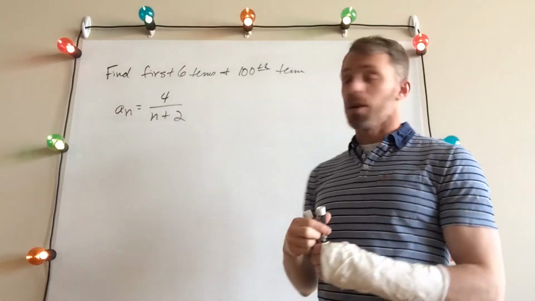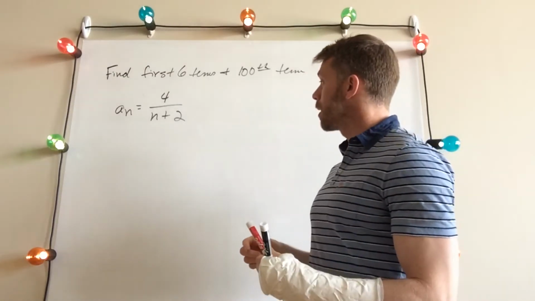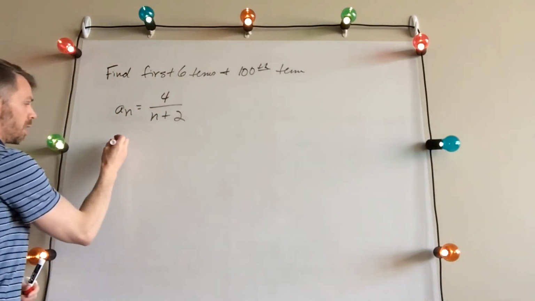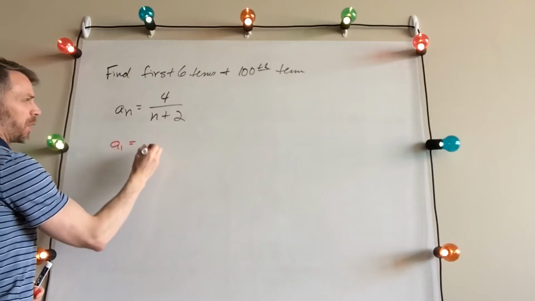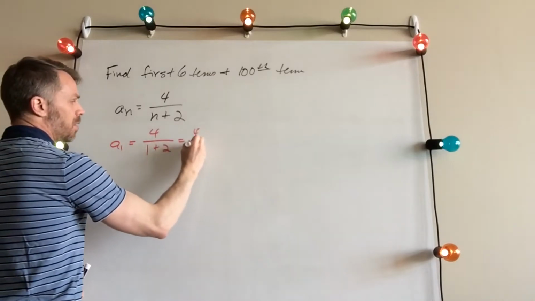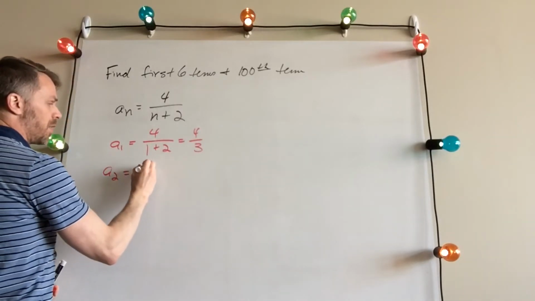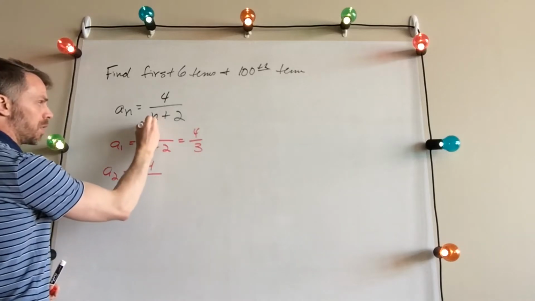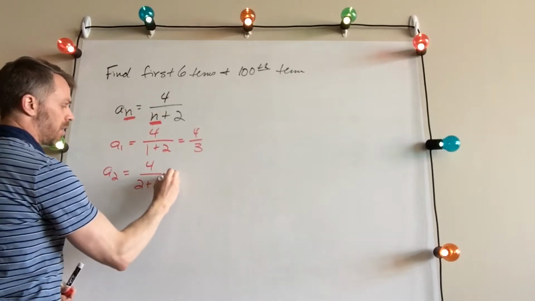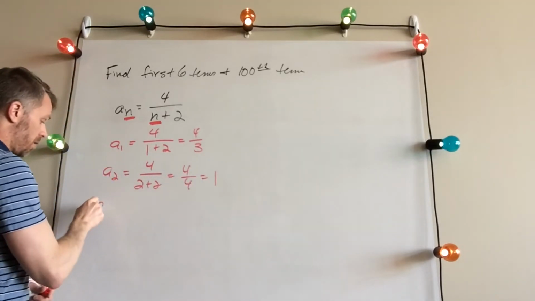So to find the first term, we're just going to put 1 into the n, the term number. So a sub 1, the first term, 4 over 1 plus 2, we get 4/3. Our second term, we're now going to put 2 in place of the n. We can always reduce our fractions.